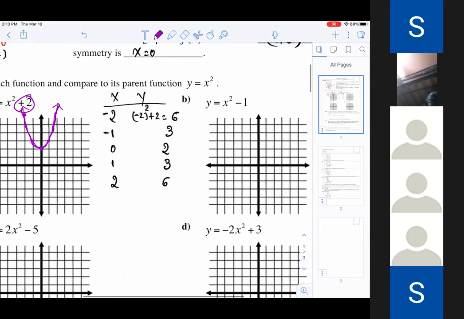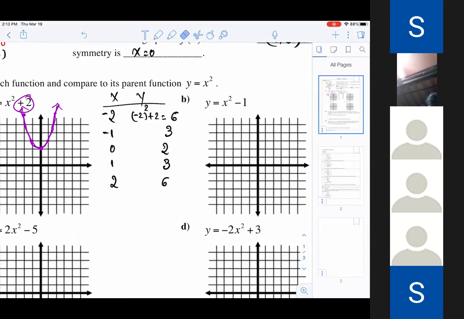Moving on to the next example, B, y is equal to x squared minus 1. Let me just erase that. Okay. Make a table of values. Use the same x values, -2, -1, 0, 1, and 2. All right, guys.